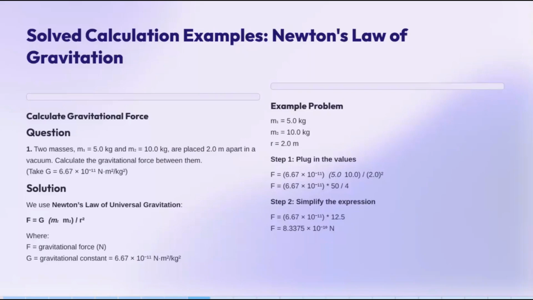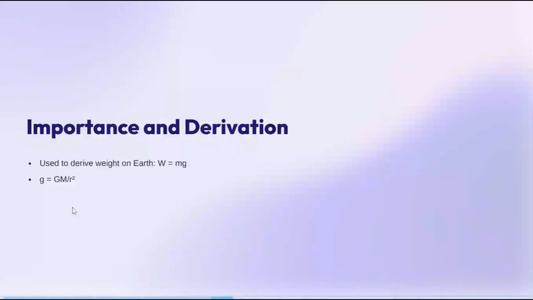One of the m's will cancel out, and we'll then have g, which is acceleration due to gravity, equal to G m all over r squared. That's what we have here. So this is one of the importance of this formula. It helps to get the theoretical acceleration.